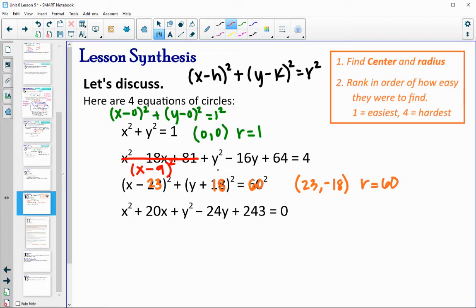This one, negative 16 divided by 2, or sorry, negative 8, negative 8 squared is 64, so that part can be rewritten. And then 4 is 2 squared. So then we can see the center is 9, 8. Okay, so x minus 9, y minus 8, so 9, 8. And the radius is 2.